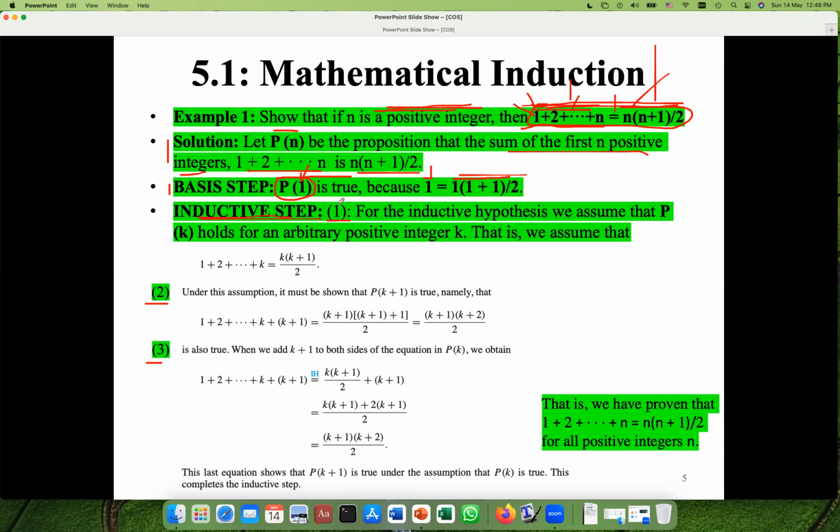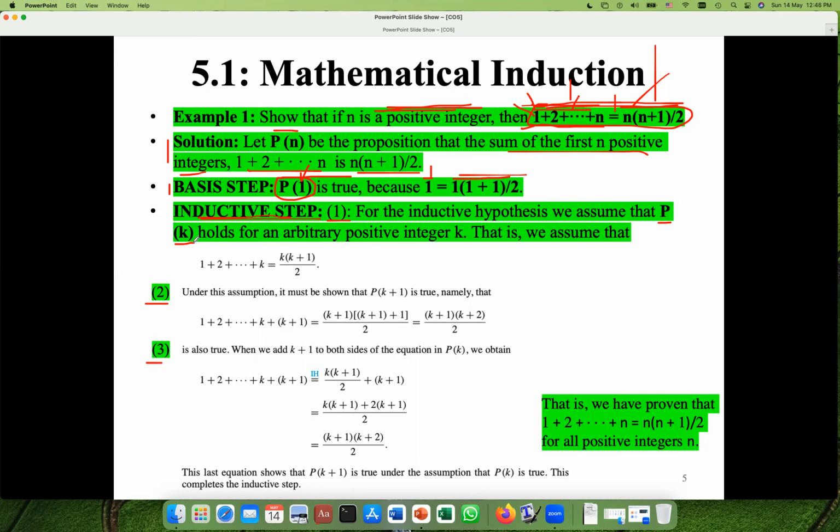First, I told you that you have to assume something in the inductive step. You have to take some assumption. And what is that assumption? P of k. Sorry, this k is going to the next slide, but it is P of k. You have to assume something like P of k.